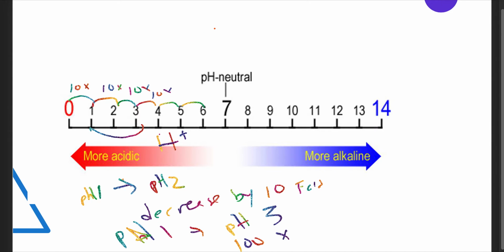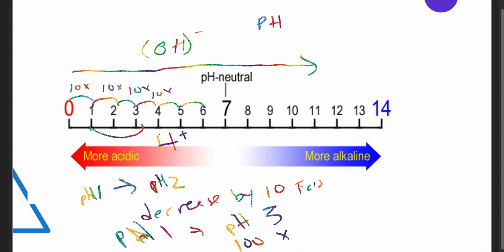If we're looking at the OH concentration, as you go from 0 to 14, it's actually increasing. So if it says OH concentration and you're looking at a pH of 1 to a pH of 3, the concentration of OH is increasing by 100-fold.